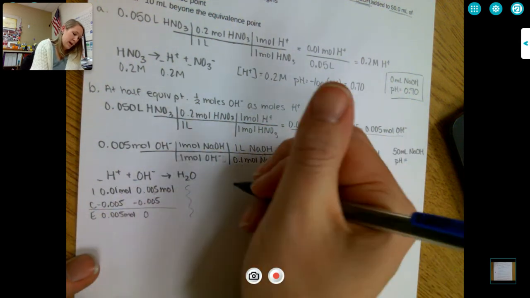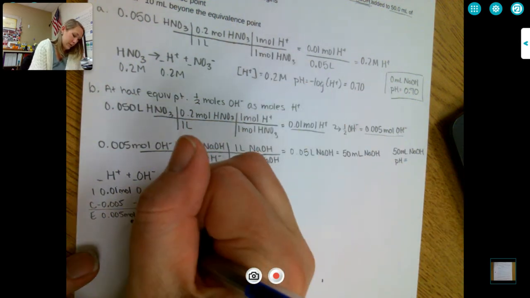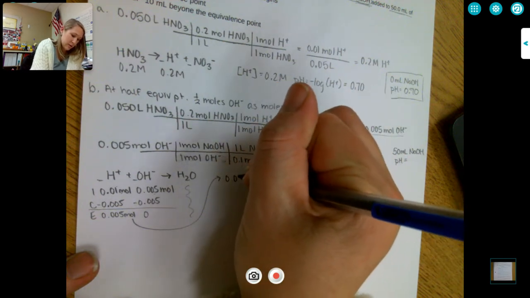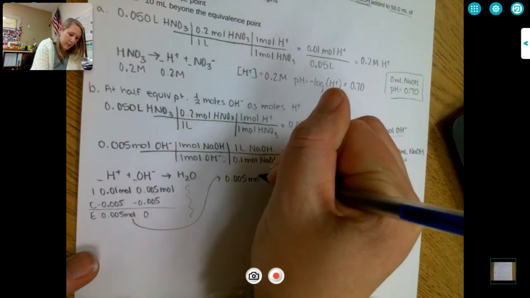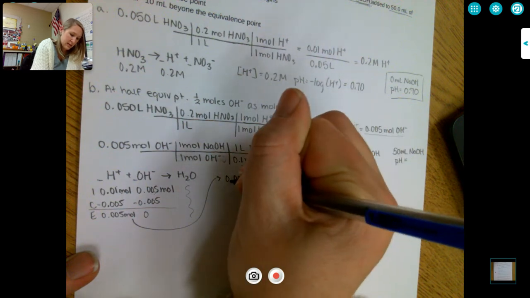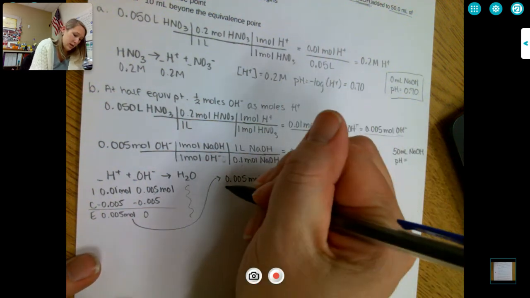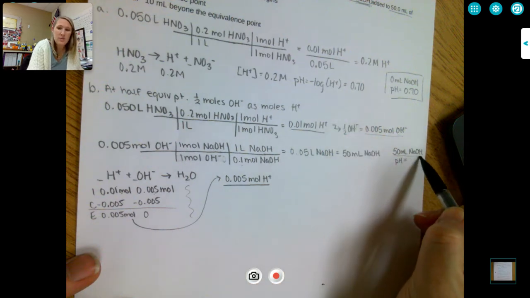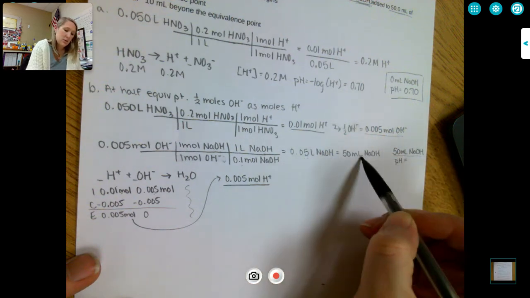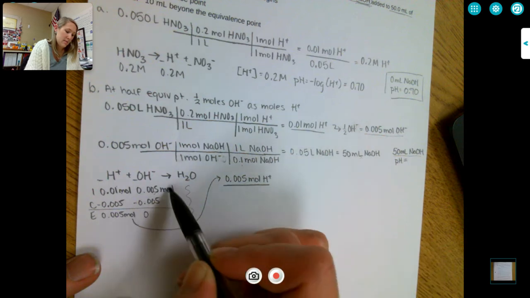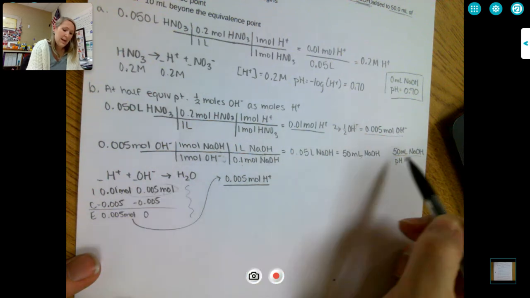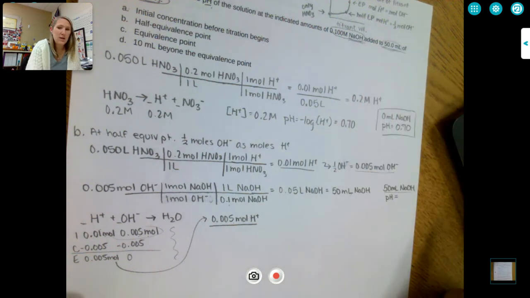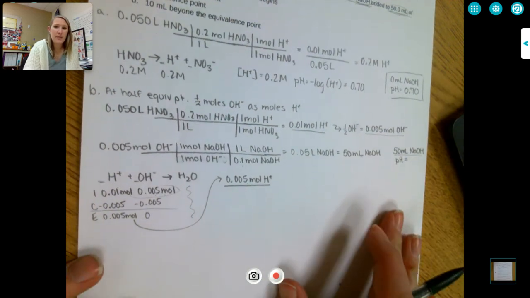So if I have a leftover 0.005 moles of hydrogen ions, and I want to know its concentration, that is in solution of 50 mils of sodium hydroxide, because that's how much I needed to get my 0.005 moles. And I have that in solution with my already 50 milliliters of nitric acid.